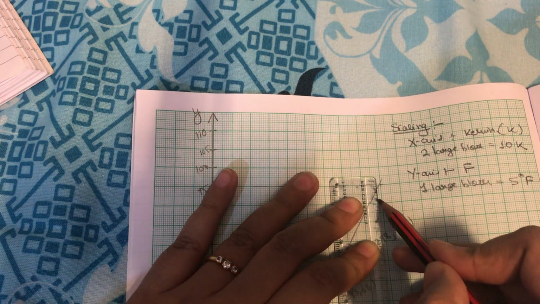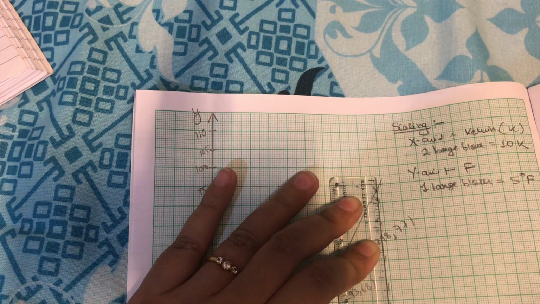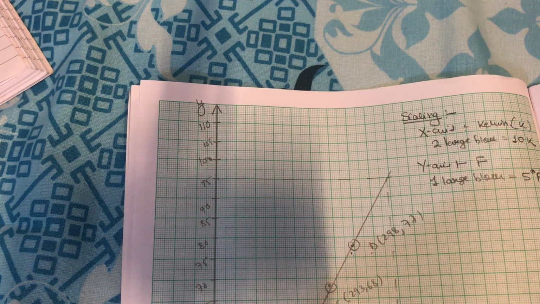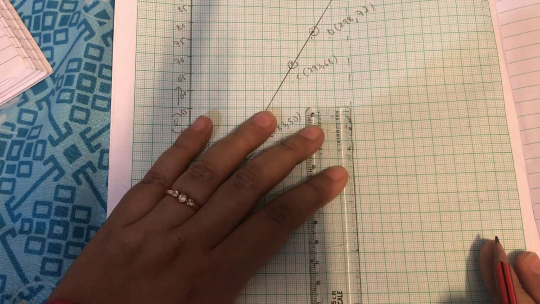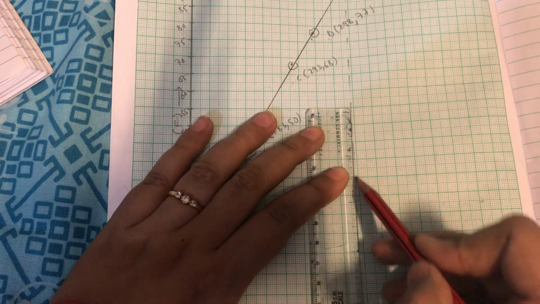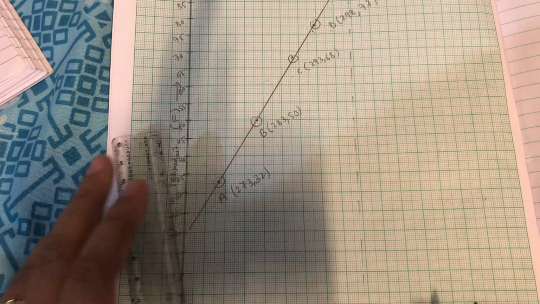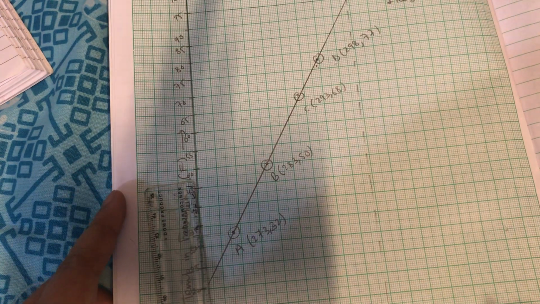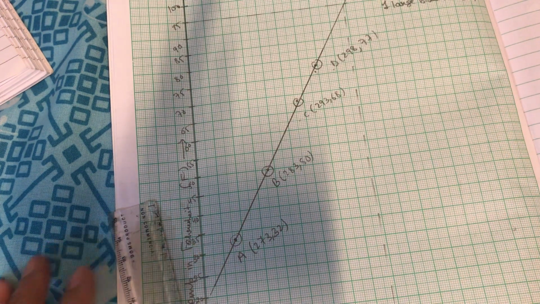I'll draw it using a dotted line. So it is meeting somewhere here, so I can write it as 308, which is required.